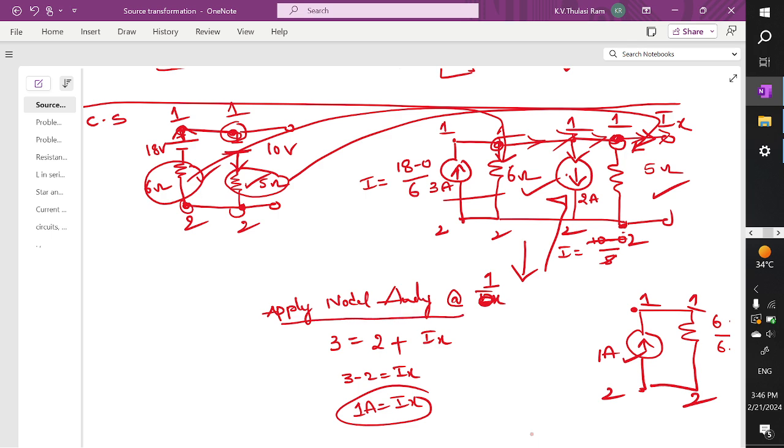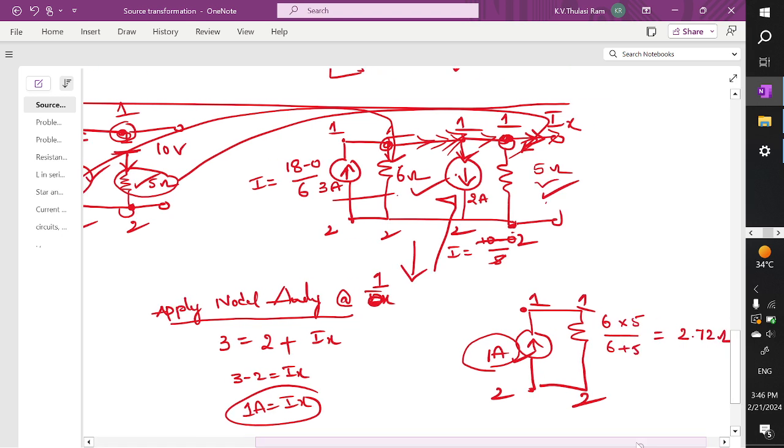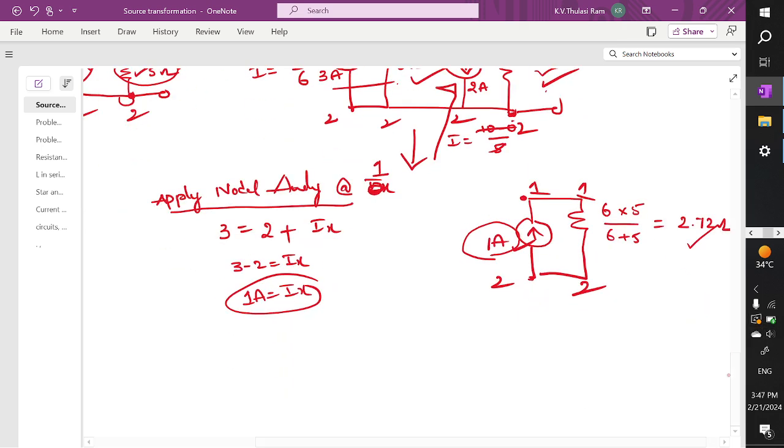I applied entering current is 3 amperes to this node, and leaving current is 1 ampere, and the next leaving is Ix. Therefore I determined the current Ia, and you can see here this 6 and 5 are connected in parallel. So I have done the product of the resistors and got 2.72 ohms. This is one category of problem.